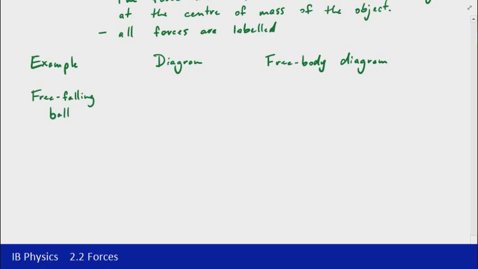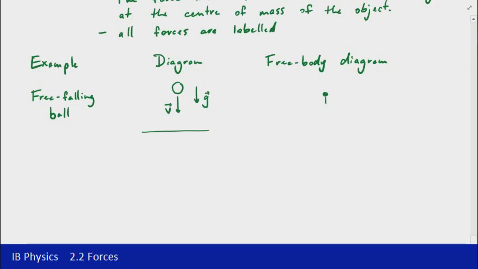So if you think about that scenario, there's the ground, here's a ball, it would be falling that way, accelerating due to gravity, and it will also be moving with some velocity in that direction as well. Now if we think about the free body diagram, this dot represents the center of mass of the ball.